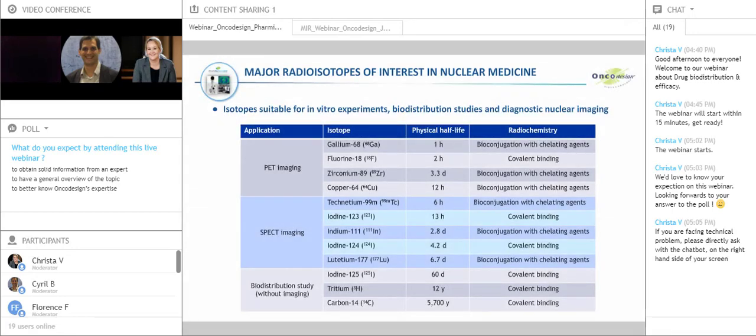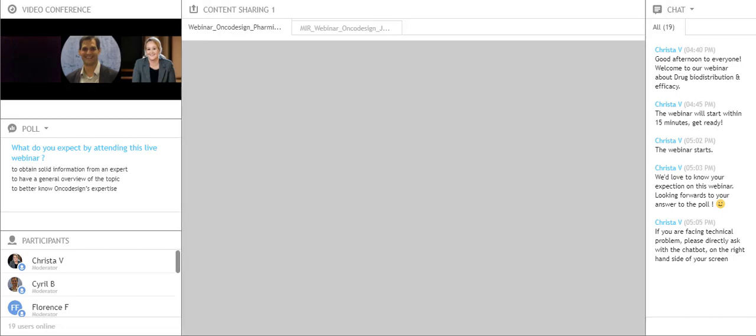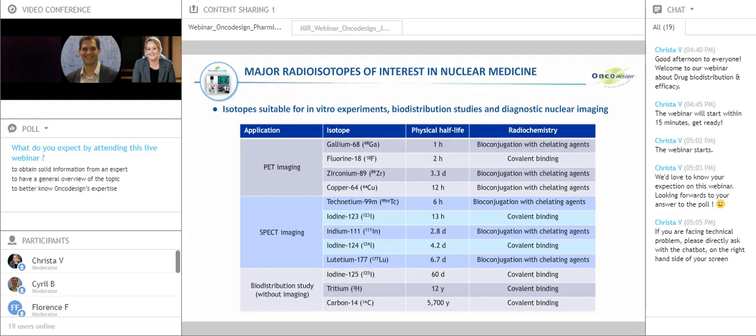So for fast compounds, with fast PK, we'll use gallium or fluorine, where you have a short half-life, 1 hour or 2 hours. Or if you have an antibody that has a much longer half-life, usually much longer PK, zirconium or copper that stay over 3 days or 12 hours are the best to be picked.